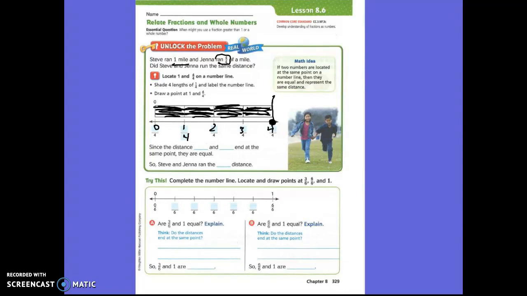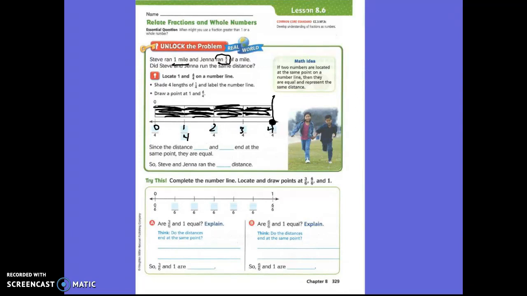That means that it's equal. That means it's 1 whole. Those little tiny fractions can all equal 1 whole.